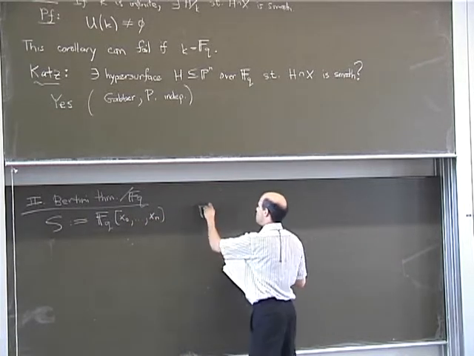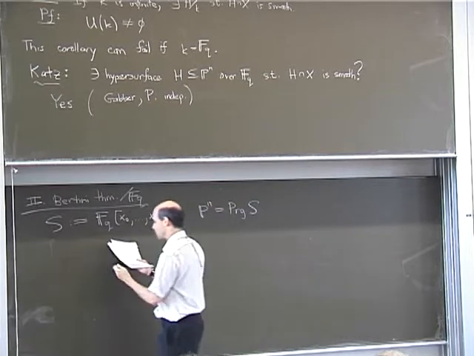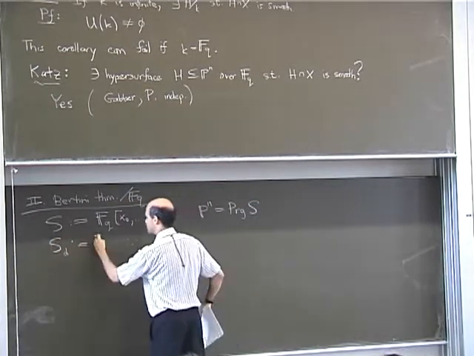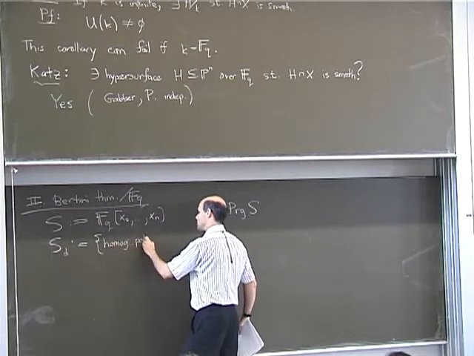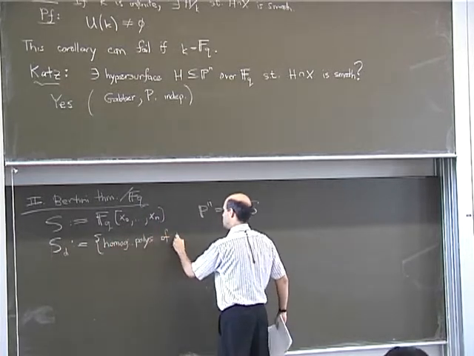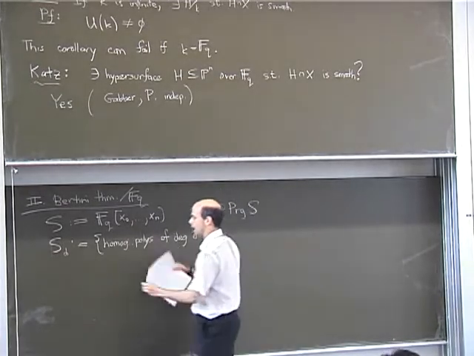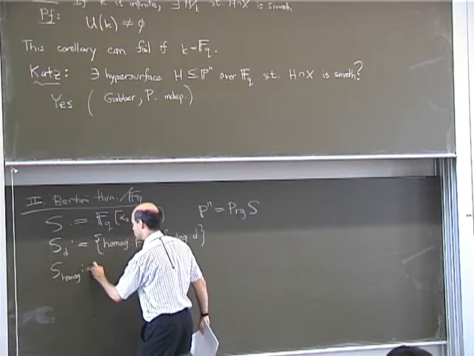And so P^n is Proj S. S_d will denote the subset of the homogeneous polynomials of degree d inside S. And S_homogeneous will denote all of these, so it's the union over d.